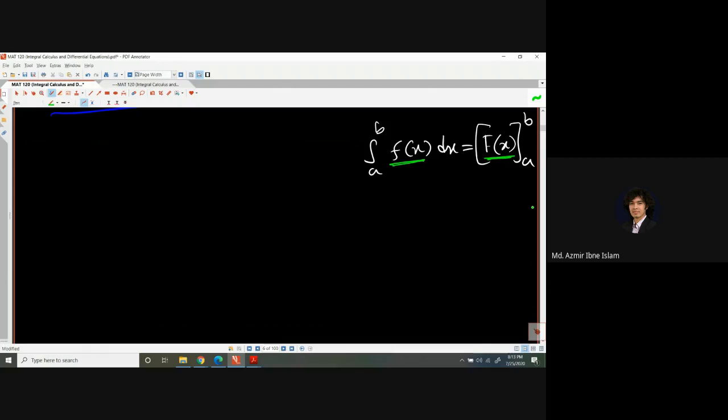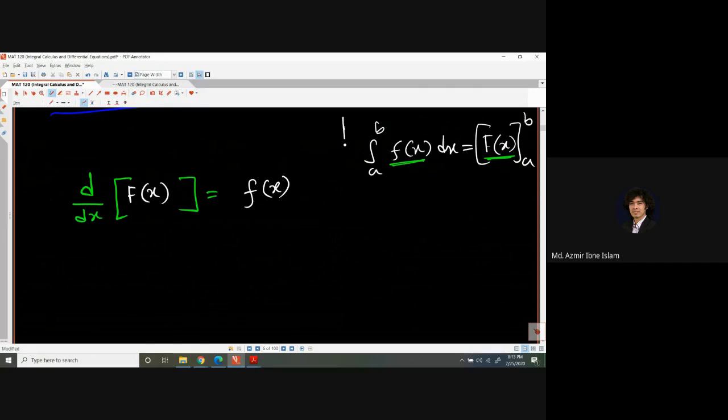The relation is, if we differentiate the antiderivative, capital F of x, then we get back the original function, small f of x.